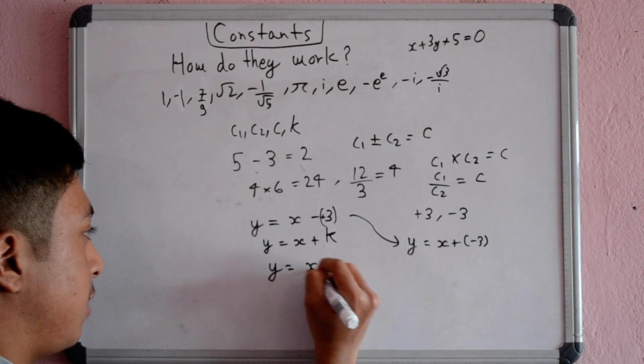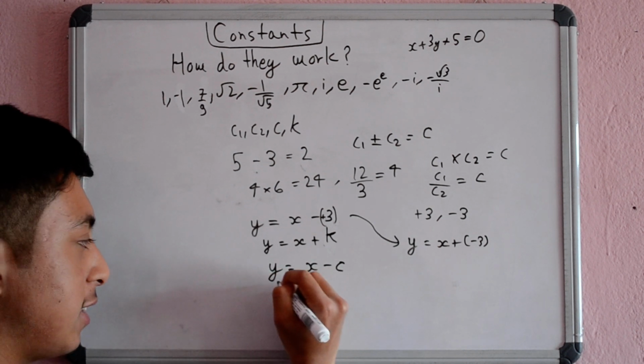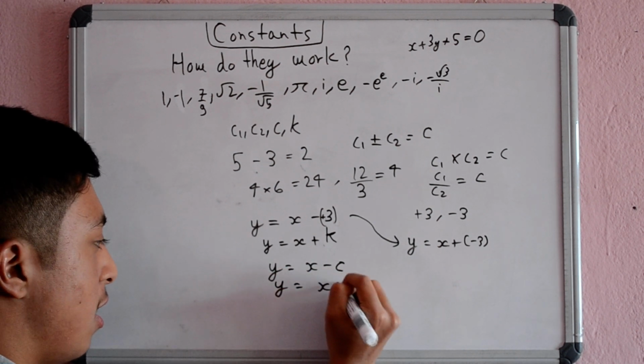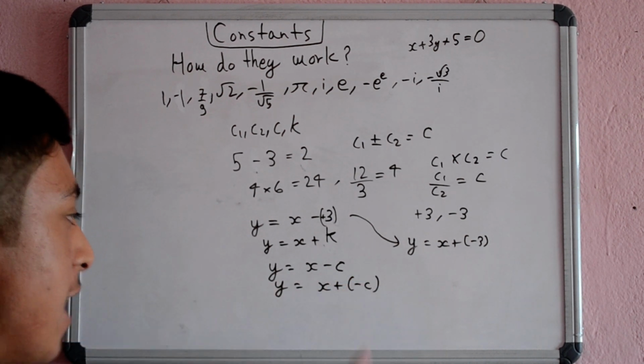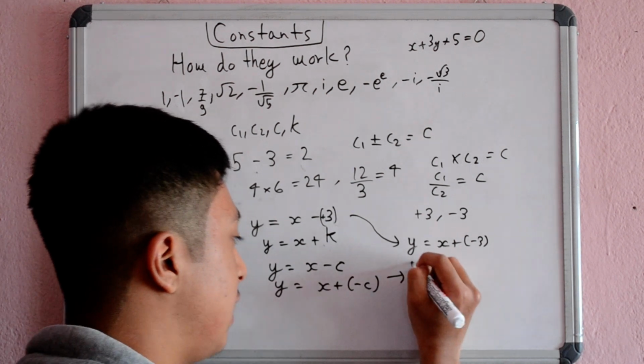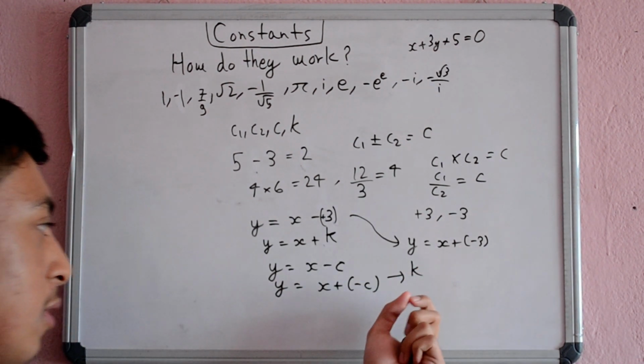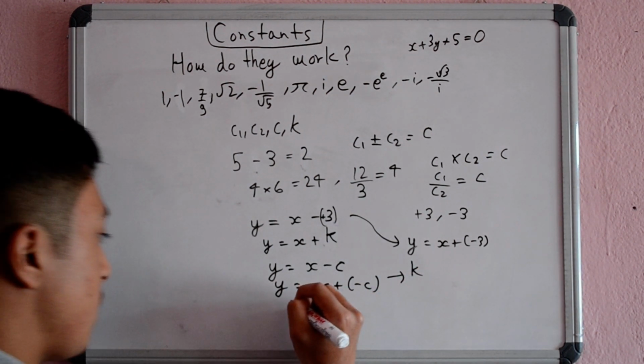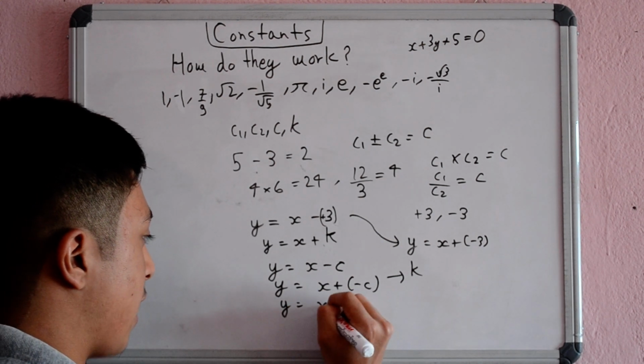So we have x minus c. In the next step this becomes y equals x plus minus c, and here minus c is just another constant, let's say k, right? So in the next step we can write y equals x plus k.